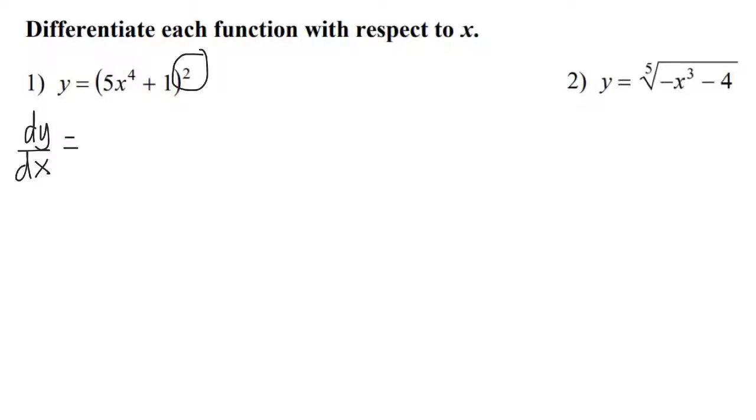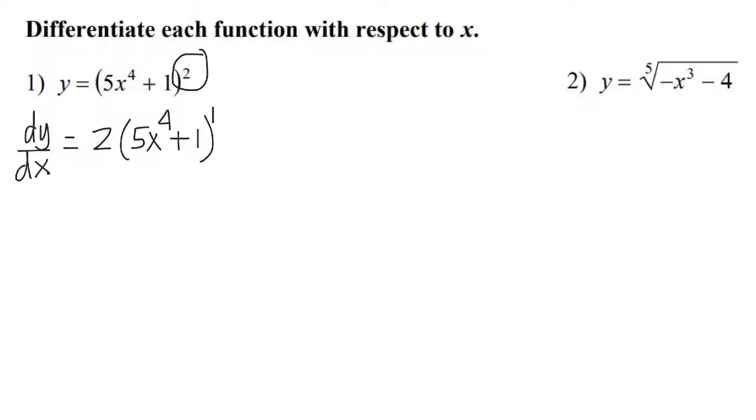So you're going to say 2 times everything inside the parentheses, so times 5x to the 4th plus 1. And then 2 minus 1 is 1, isn't it? Do y'all see how it's really the power rule of the outside stuff?